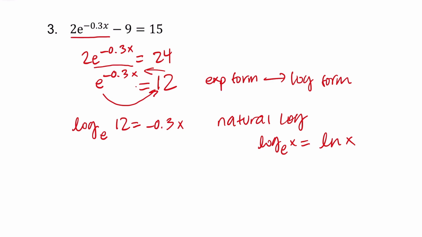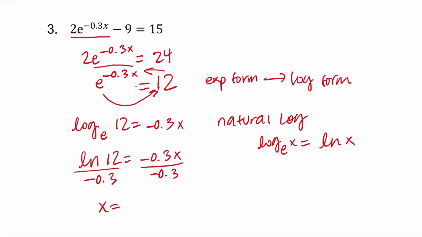So we can convert our log e into ln. So ln of 12 equals negative 0.3x. Now we can isolate our x. And if you put ln of 12 over negative 0.3 into your calculator, you should get negative 8.283 rounded to 3 decimal places.